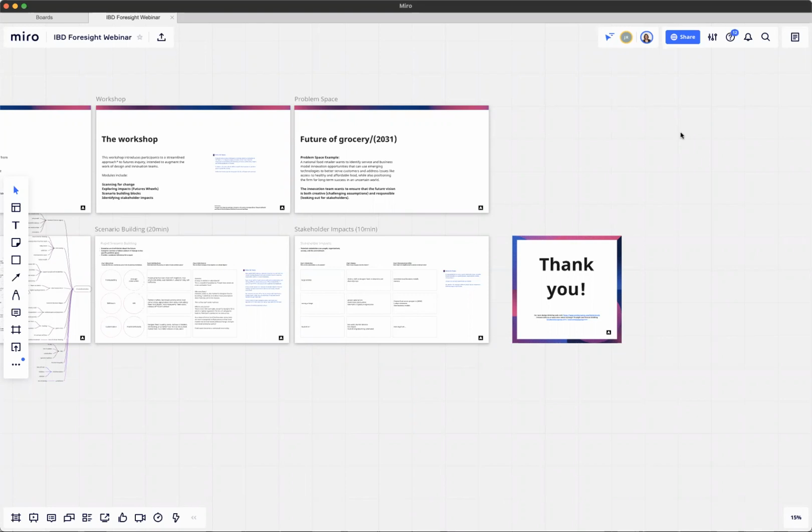Our goal is just to provide a canvas for thinking, such that if our fictitious grocery store is thinking about whether we should be investing in hydroponics, for example, local hydroponics, we could look across the various scenarios and probably answer that question, or at the very least, provide a more informed perspective about how to answer it. That's really what we're trying to do with this kind of work.